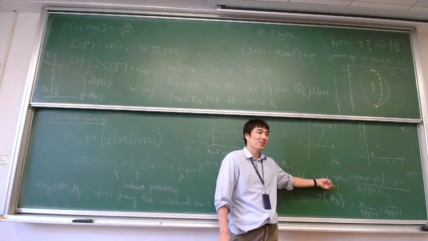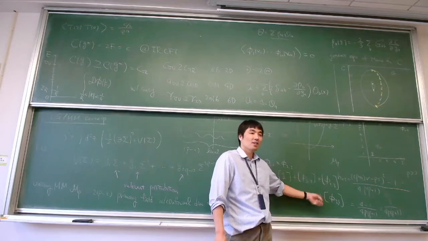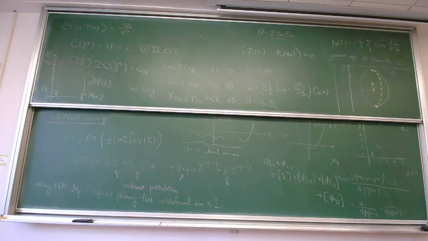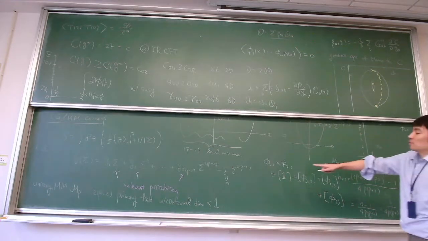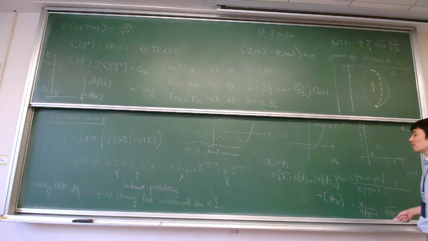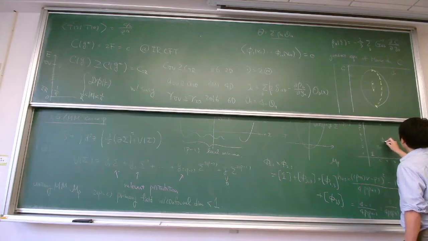But phi 3,3 has a much smaller conformal dimension than this one. You can just check. Therefore, if you do the multiplication in the fusion ring, sometimes called the fusion algebra, what you get is phi 3,3. Next is phi 3,3.